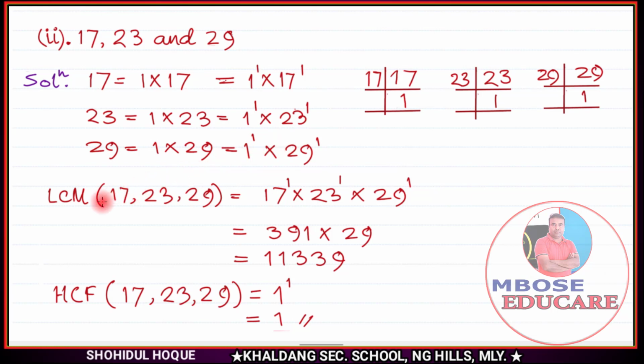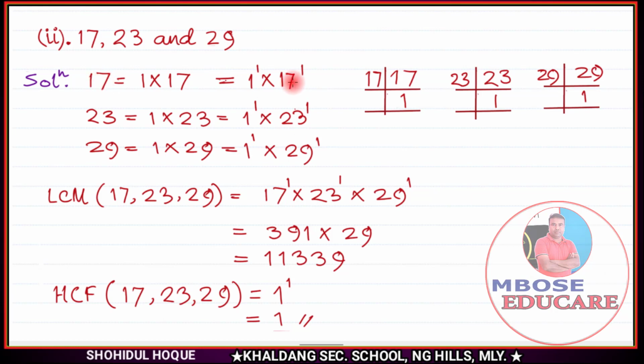Now we have to find the LCM of 17, 23 and 29. Here we can notice that there are no common prime factors present in these integers 17, 23 and 29. So no one is common in all. So in this case, what to do? All the prime factors we have to multiply.